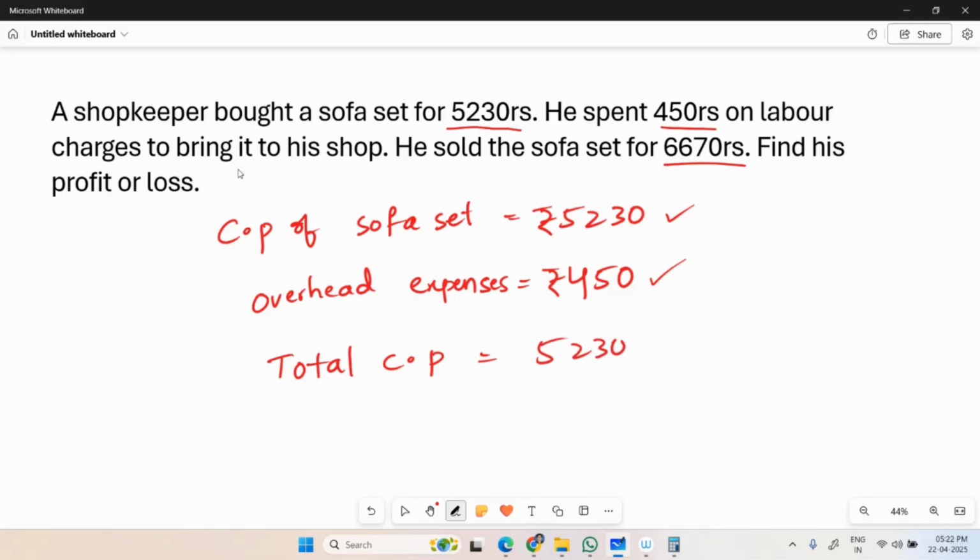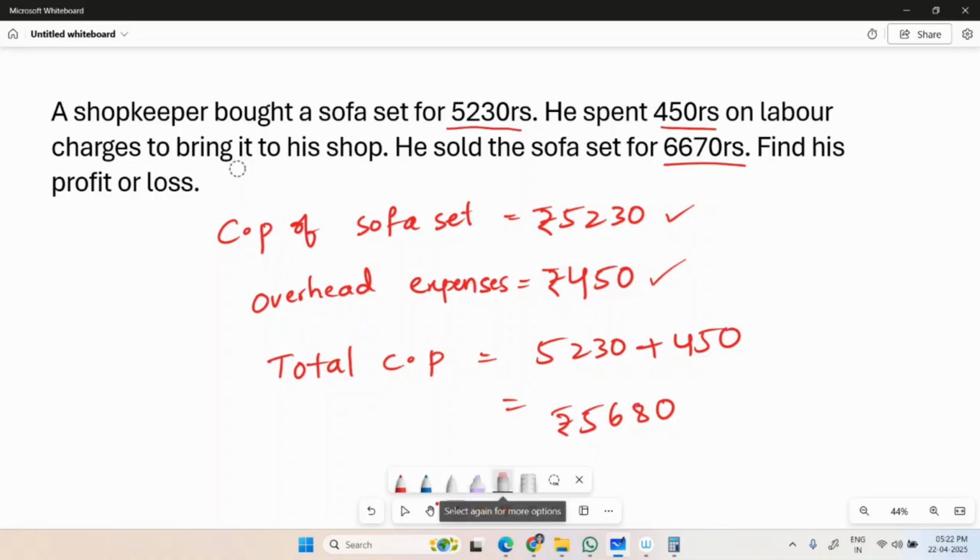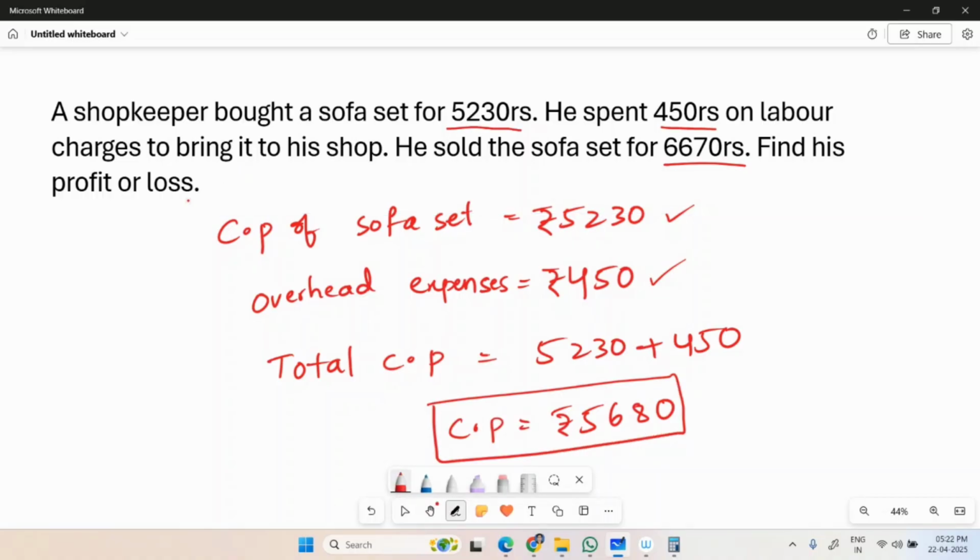So now total cost price is 5230 plus 450, which is nothing but, if we add these two, 5680 rupees. So total cost price is 5680 rupees.